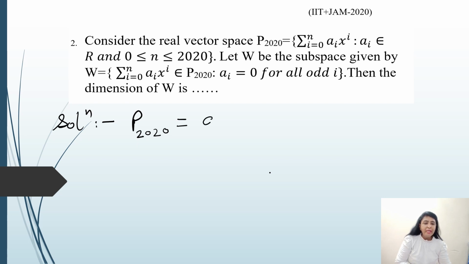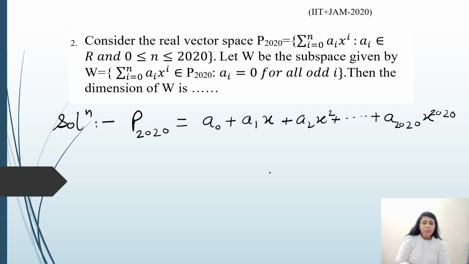So you will get a0 plus a1 x plus a2 x square and so on. It will go up to n, which starts from 0 and finishes at 2020, so the last term will be a2020 x raised to power 2020. Clear? This is the P set.